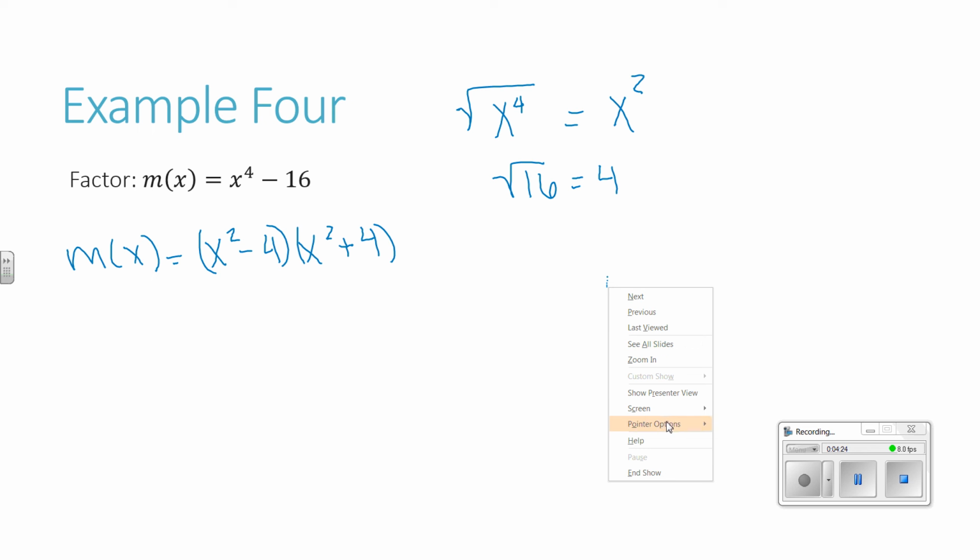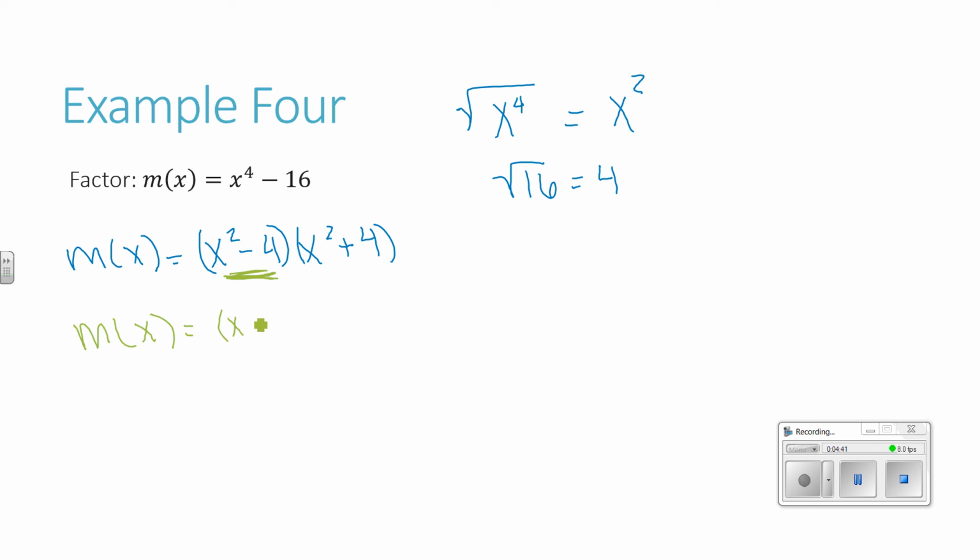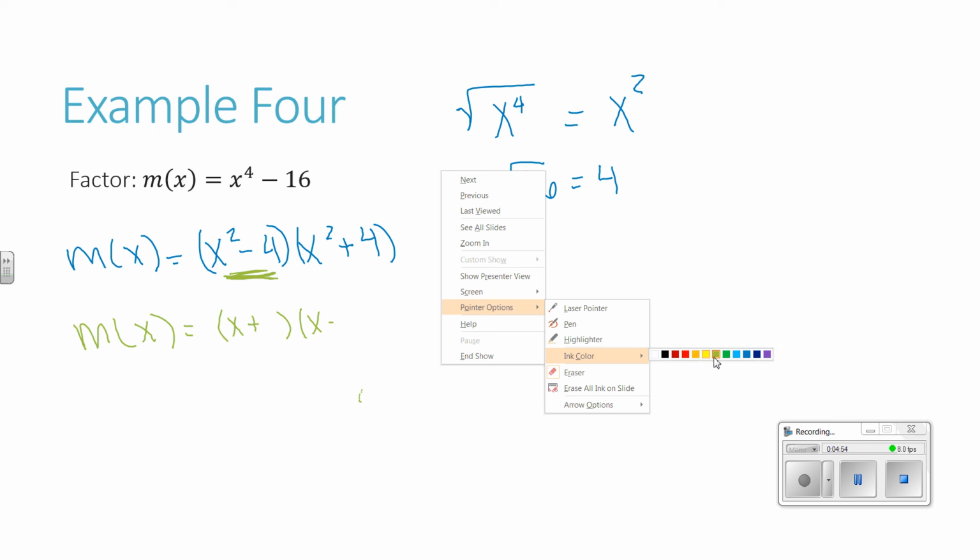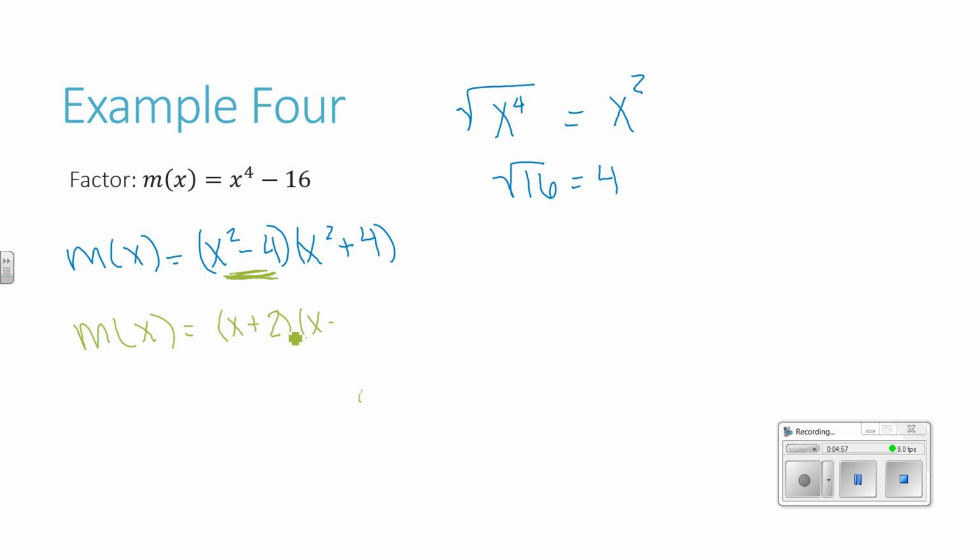Now I want you to notice something in this problem. This x squared minus 4 can be factored as a difference of perfect squares as well. So you can do m of x equals the square root of x squared is x, the square root of 4 is 2, so x plus 2 and x minus 2, because the square root of 4 is 2, not 4.